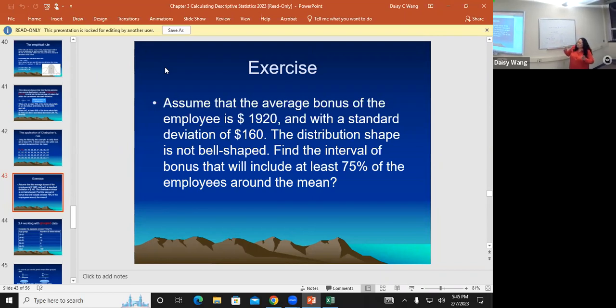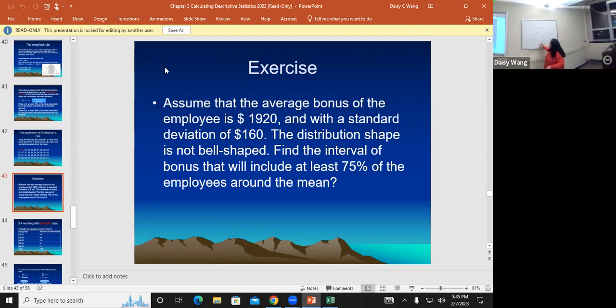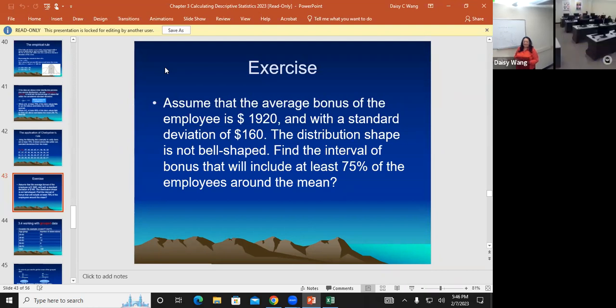So 75% of the employees' bonuses will be within 1,600 to 2240. Okay, that's it. That's simple.